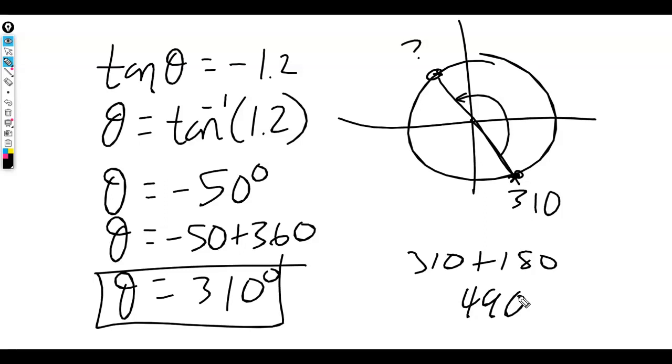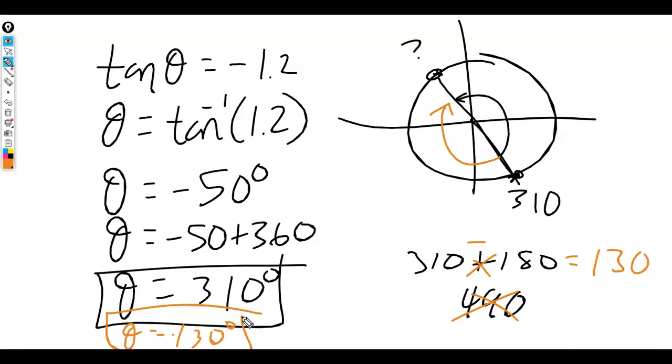Well, we could go the other way. How about we subtract 180 from it? Go backwards. And that gives us 130 degrees. So we're not going to add it, we're going to subtract it in this case. Okay, so our two answers then are 310 and 130 degrees. So sometimes you're going to add 180, sometimes you're going to subtract it. It just depends on where you're at.